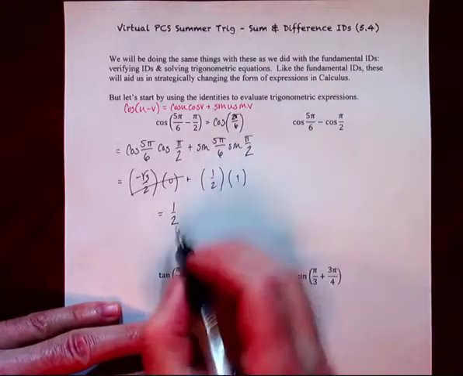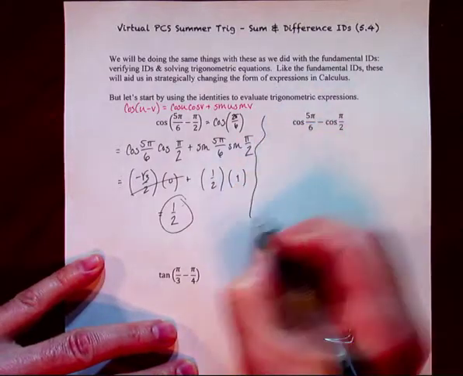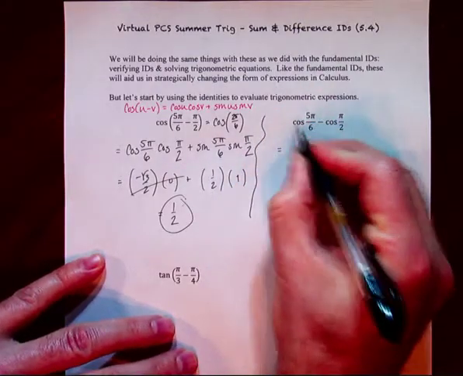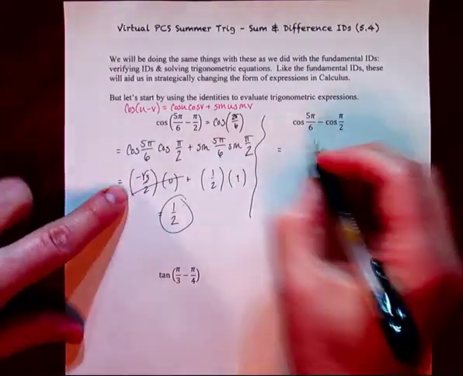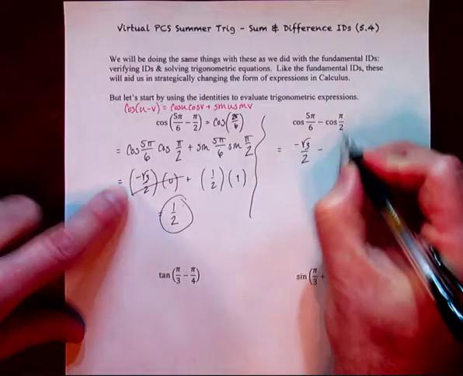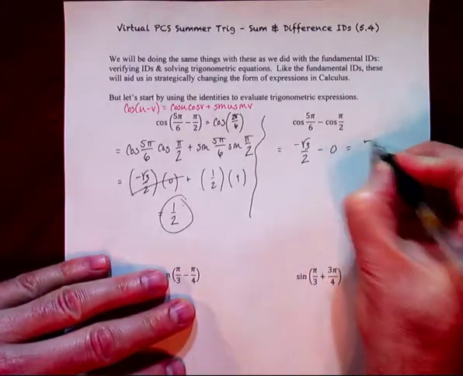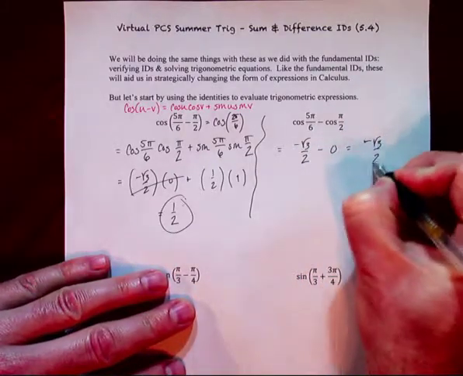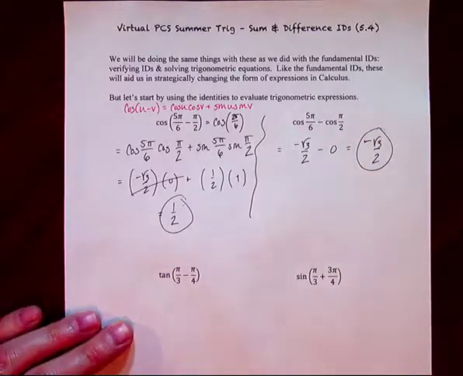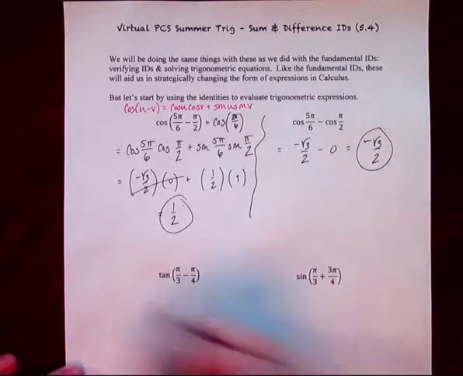Now, is cosine of pi over 3 1/2? It is, okay? But when we look at this, cosine 5 pi over 6, we've already recognized that that's negative root 3 over 2. And cosine of pi over 2 minus 0, this is negative root 3 over 2. Those are not equivalent, okay?